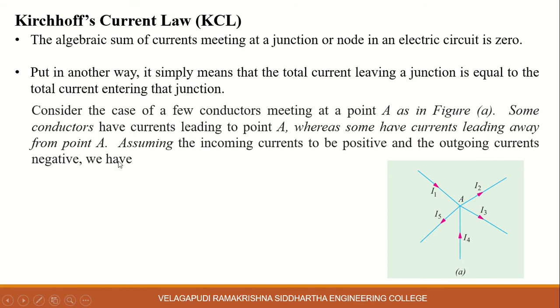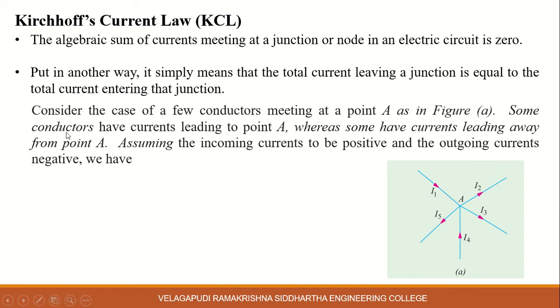So the total currents leaving a node is equal to the total currents entering that node. Simply, the sum of entering currents is equal to the sum of leaving currents.